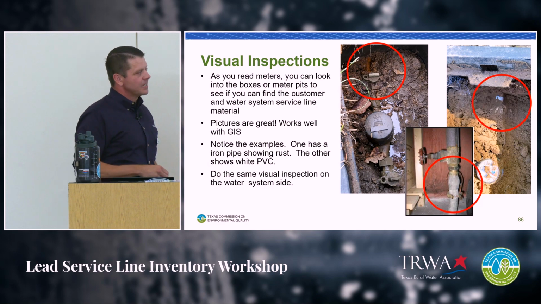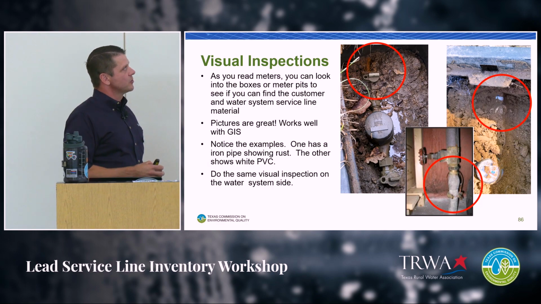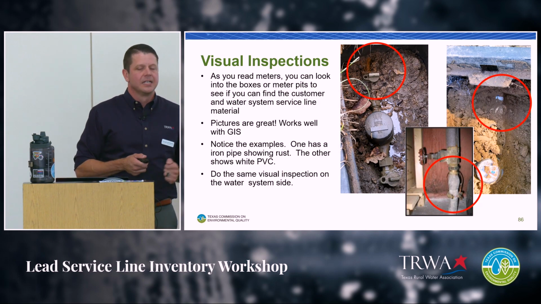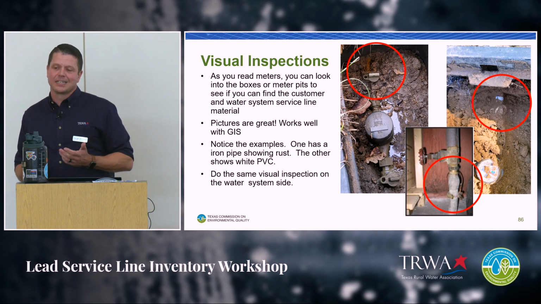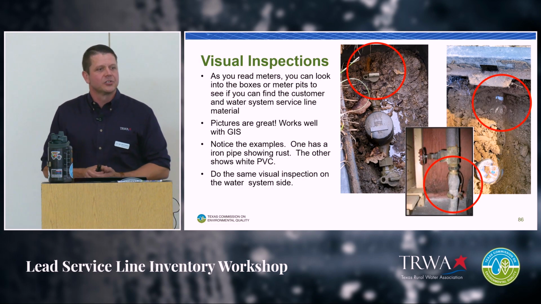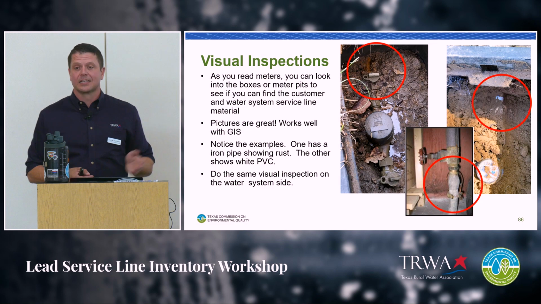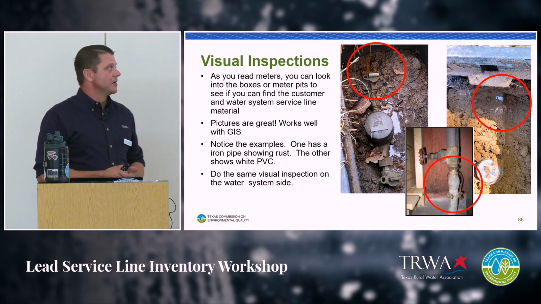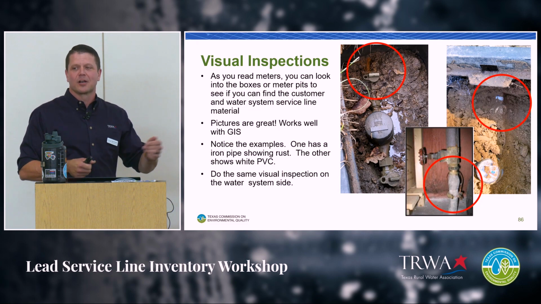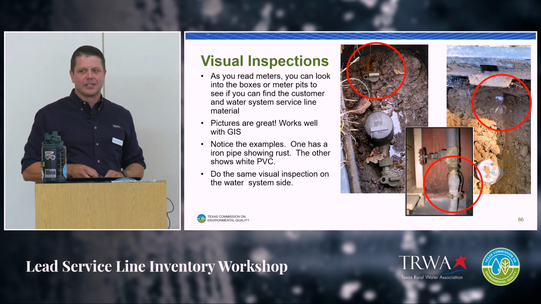Visual inspections, as it probably seems, are pretty self-explanatory. It's going out, even on your normal process of reading meters. A lot of people are moving to AMI, AMR, the drive-bys, so going to every box is not as common as it used to be. But even with those, as a prior operator, I would still suggest going by and reading them every now and then.